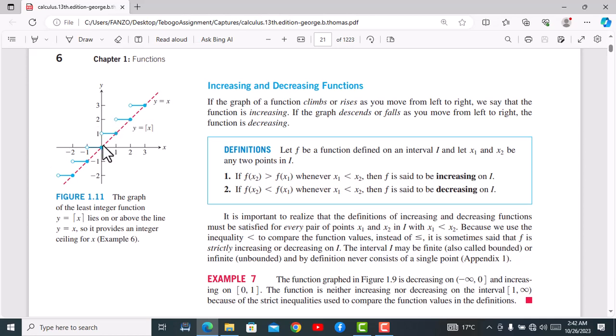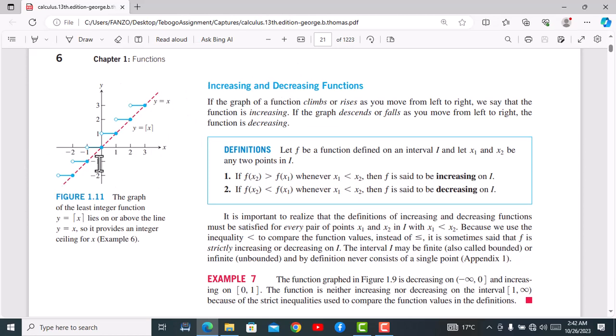So when it points to lower values, it will produce the least integer function or the integer ceiling. When it points to a higher value, it points to the greatest integer function. This is just how I see these greatest and least integer functions.